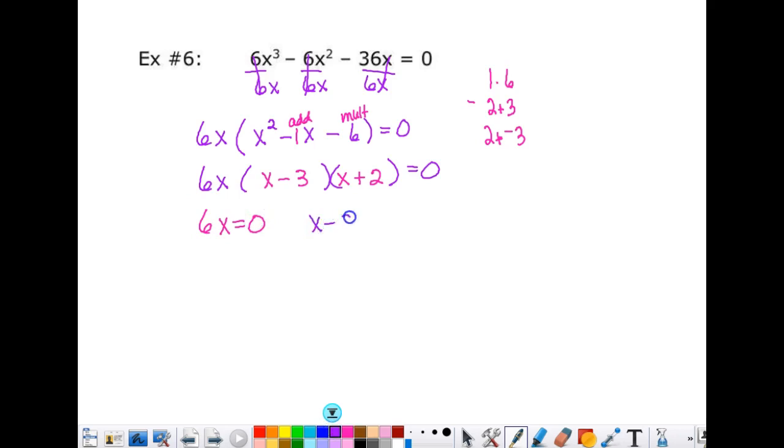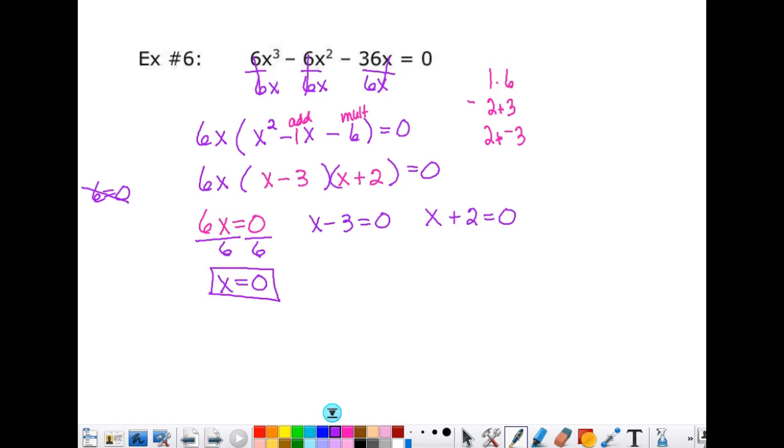So we say x equals 0, x minus 3 equals 0, and x plus 2 equals 0. This time, we don't just mark it out. We're not saying 6 equals 0. If it were 6 equals 0, we could mark it out. But this has an x in it. So we have to divide by x. x equals 0.